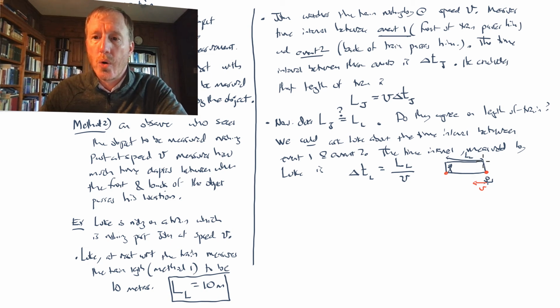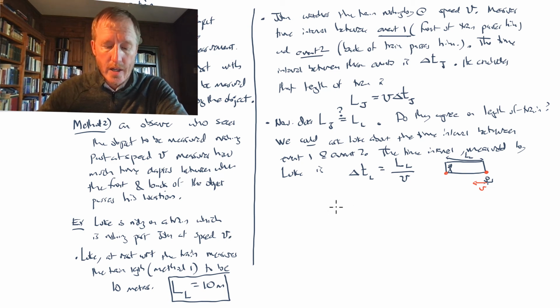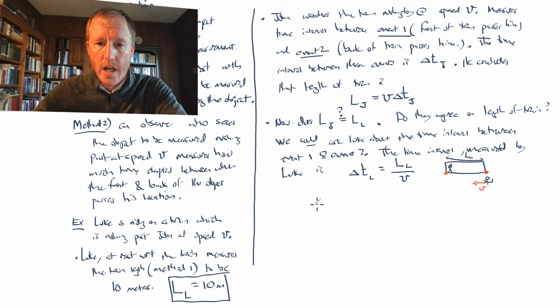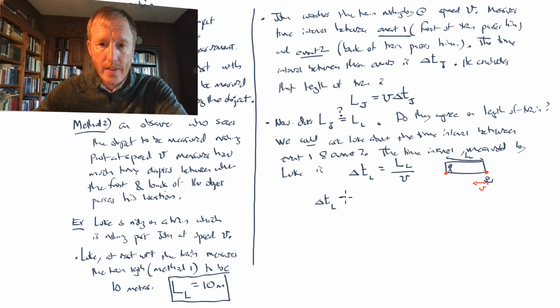And if Luke knows the length of the train from his perspective and the speed of John, he could figure out the time interval between those two events. Okay? And now what we can do is we can say, what is this time interval between those two events as measured by Luke compared to the time interval between those same two events as measured by John? And that would be connected by the time dilation formula.